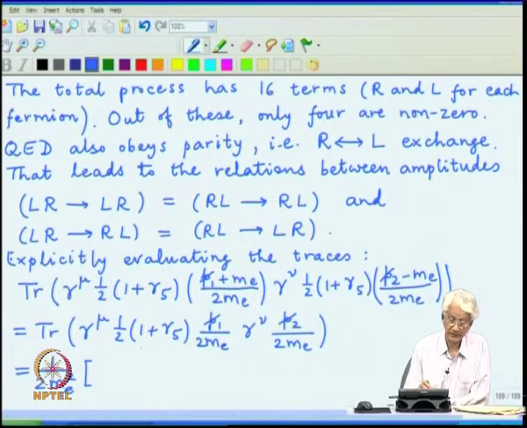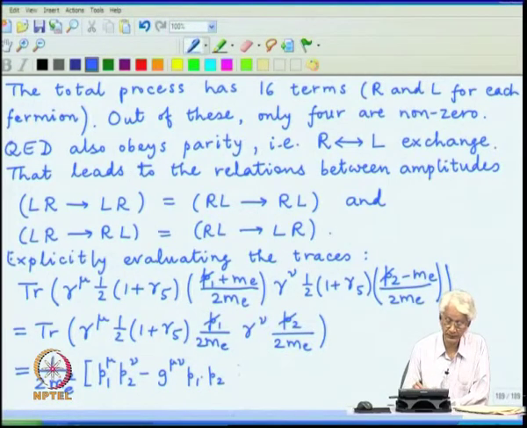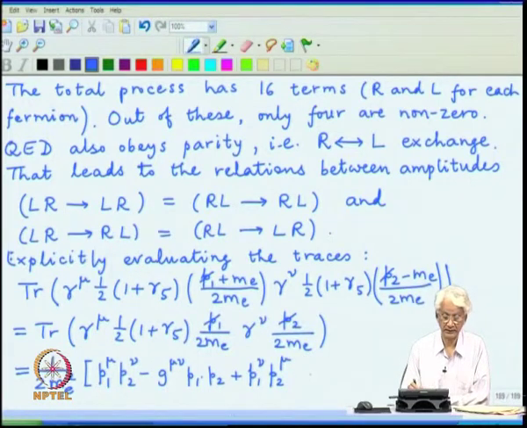So, the 1 part is the trace which we had evaluated earlier, and it just produces mu dotted with p 1 first, then mu dotted with nu, and then mu dotted with p 2, giving this particular result.